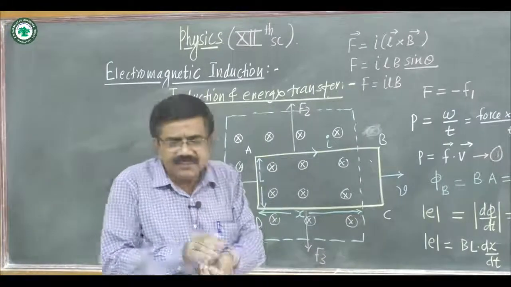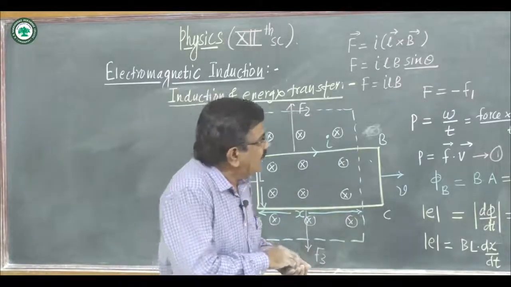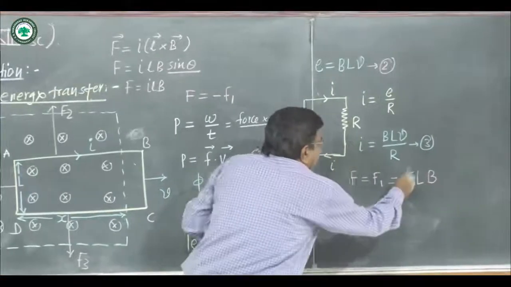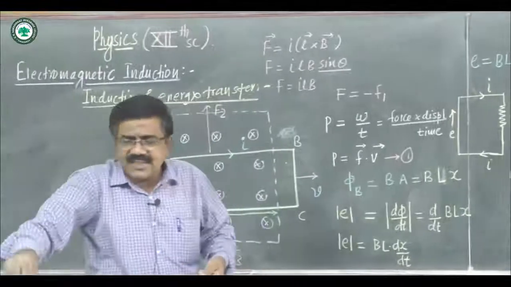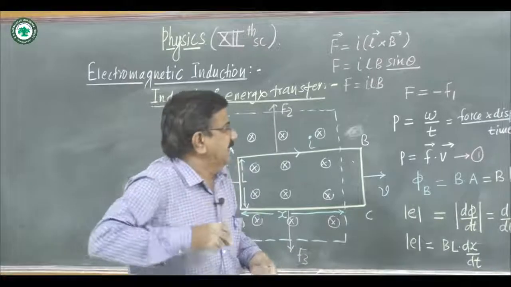We know the value of I, we substitute the value of I as BLV upon R in this equation.